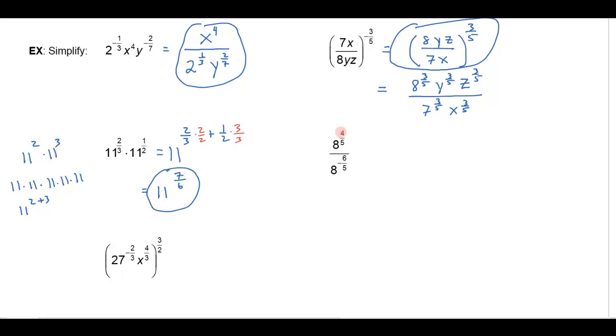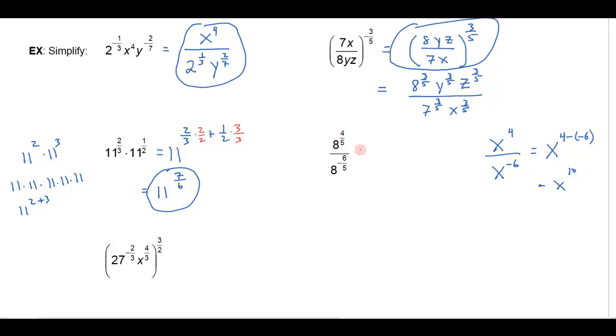Likewise here, if I had 8 to the 4/5 divided by 8 to the negative 6/5, well, if I had x to the 4th power over x to the negative 6th power, you could subtract those. You could write that as x to the 4 minus a negative 6, which in this case would be x to the 10th, right? Or if you wanted, you could think of bringing this x to the negative 6th up in the numerator and write it as x to the plus 6, and then you'd add them and you'd still get x to the 10th.